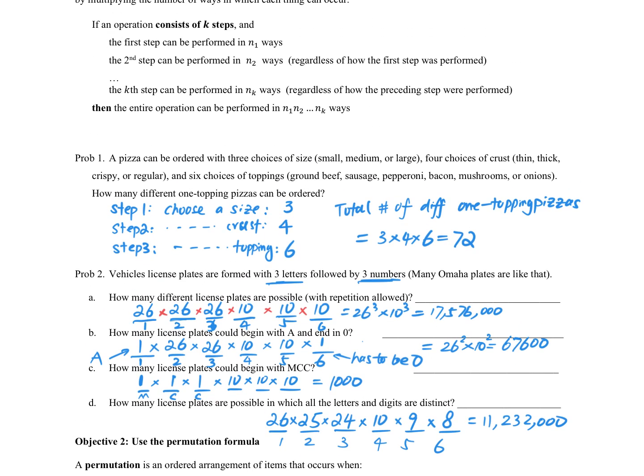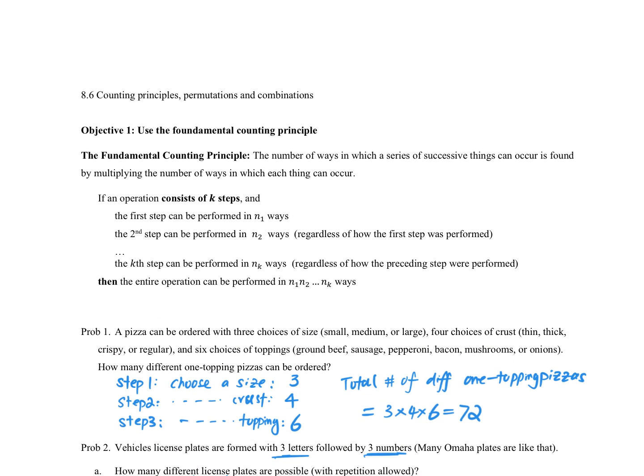All right, this is objective number 1. We looked at the fundamental counting principle, which is the multiplication rule. The recap is that this takes practice to get good at. The key is to think, for an operation or some certain outcome, how can you break this outcome into steps so that you can go through these steps and achieve this outcome?